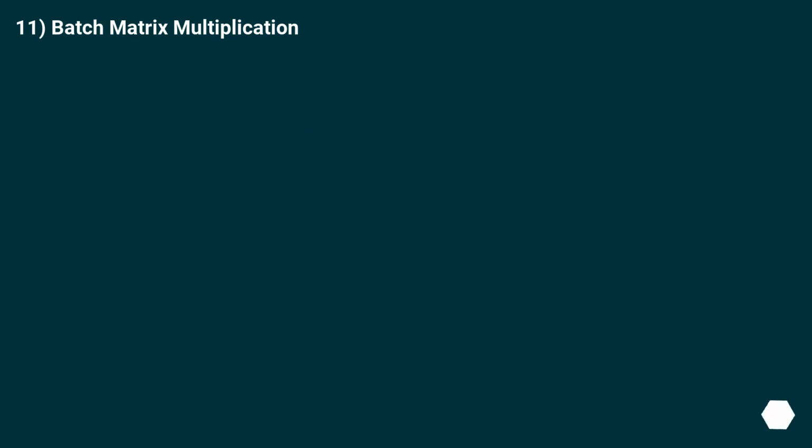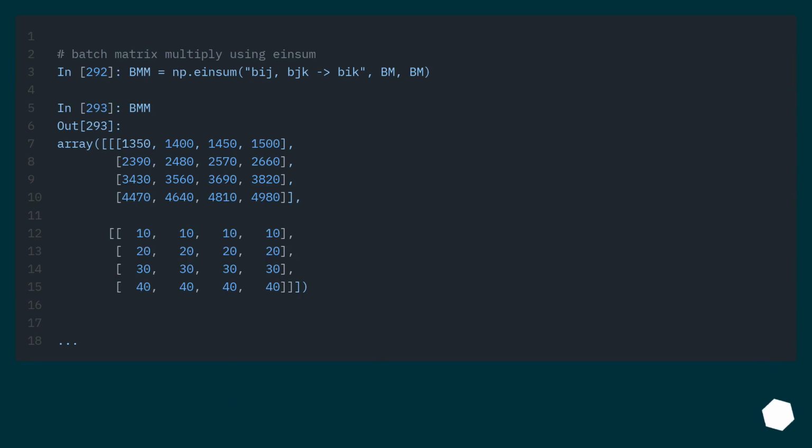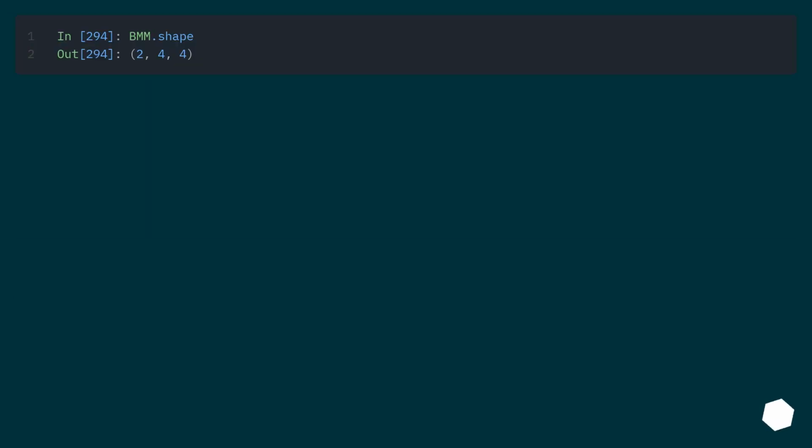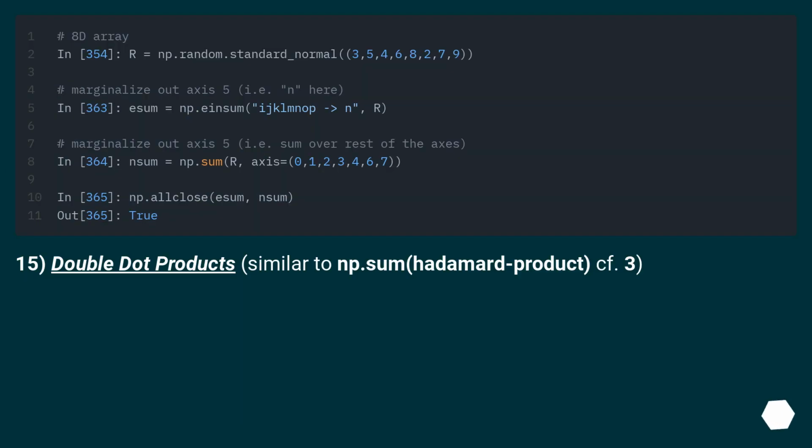Batch matrix multiplication. (15) Double dot products, similar to np.sum of the Hadamard product, cf. 3.